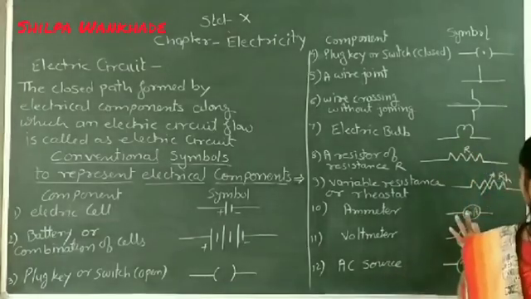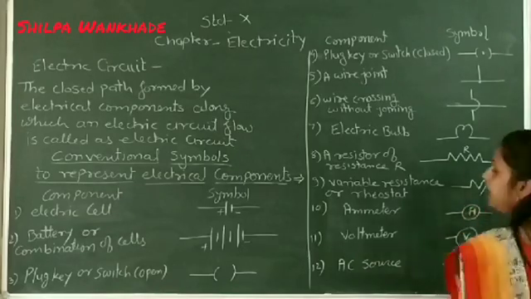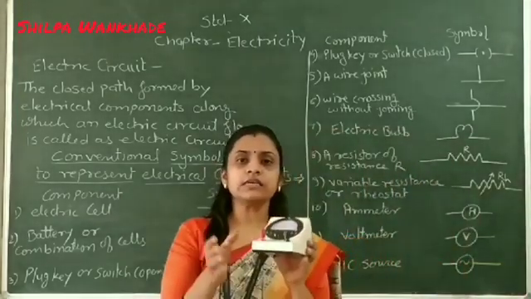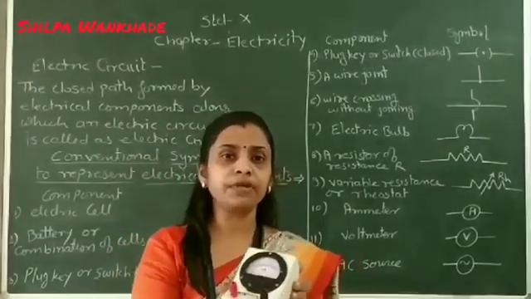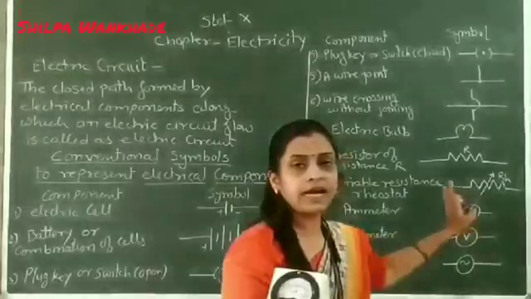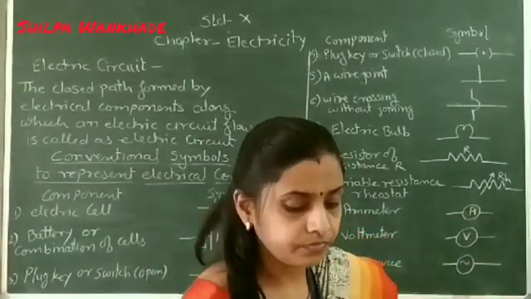Or if it is an ammeter, then we can simply show it as A. Though it is an ammeter, it measures ampere or milliampere, so according to it we can write here, but the ammeter is represented by this symbol.